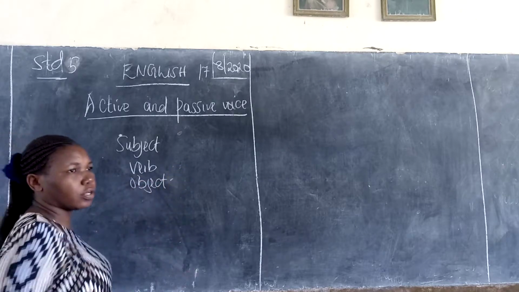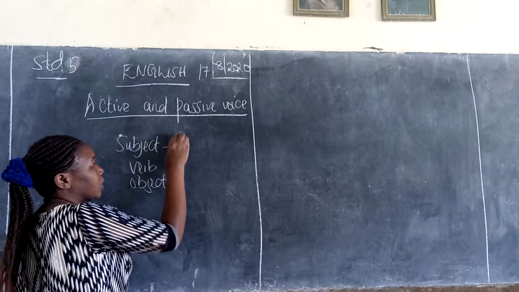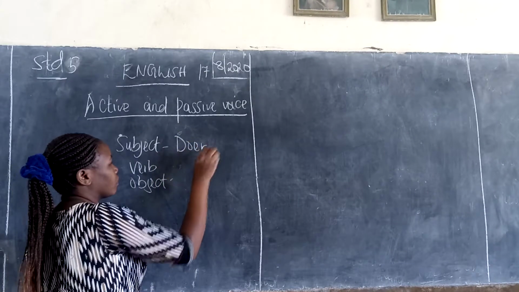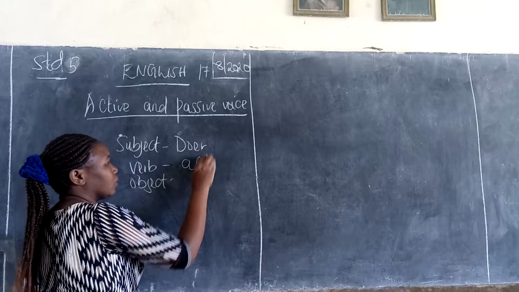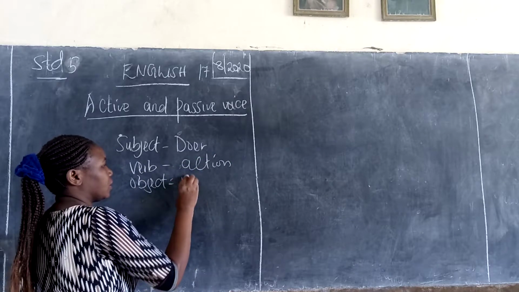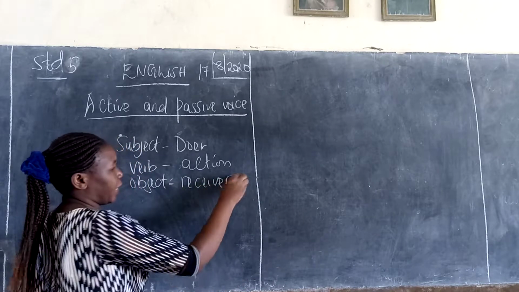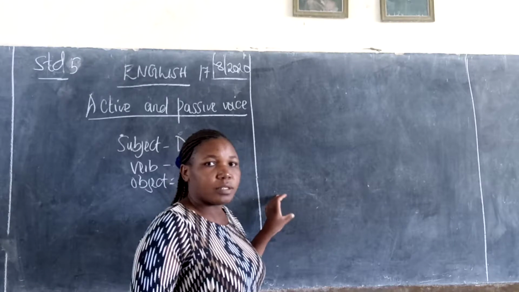I said the subject is the doer, the verb is the action, and the object is the receiver of the action.